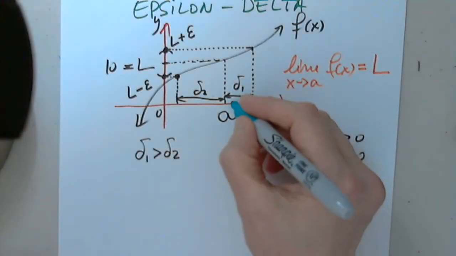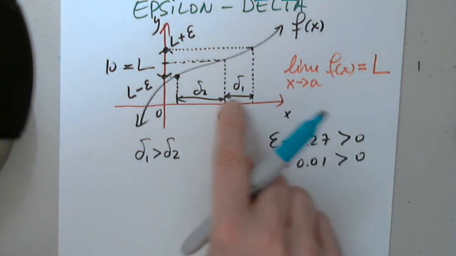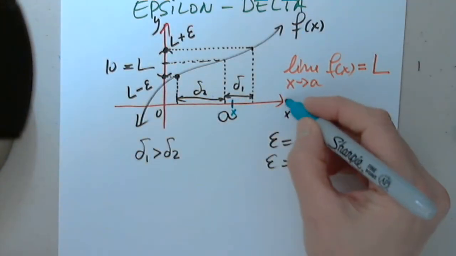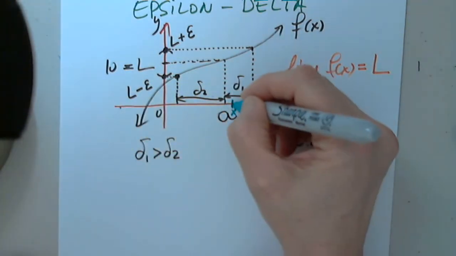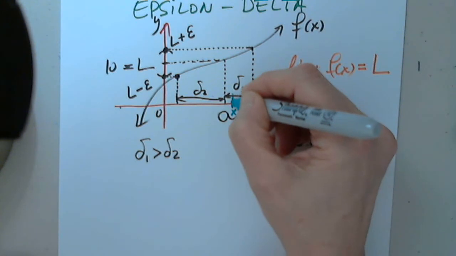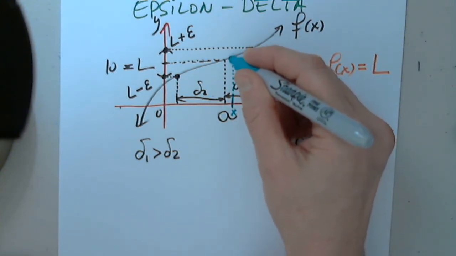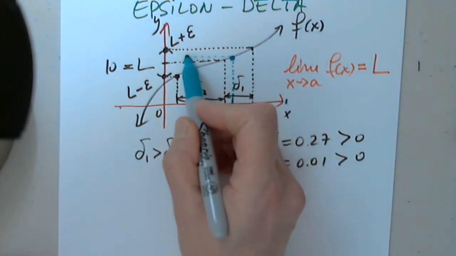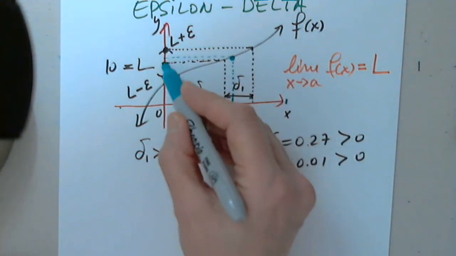if I choose or pick x not further away from A than delta, so close, not here, not here, but close to A, that I choose an x, the function value of that x will definitely have to fall within epsilon away from 10.